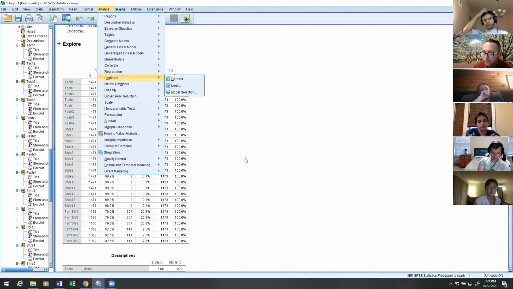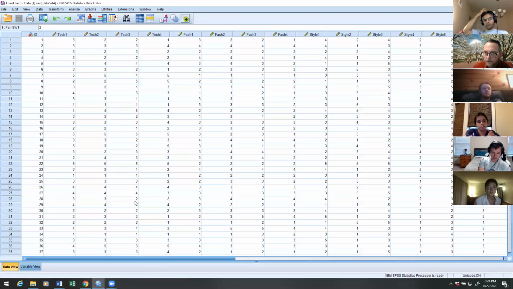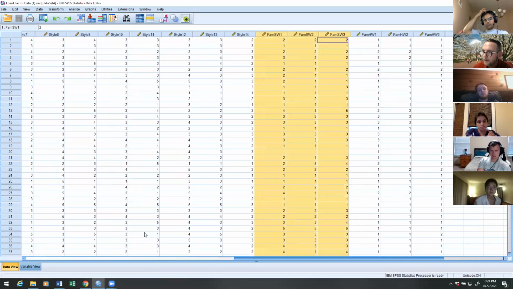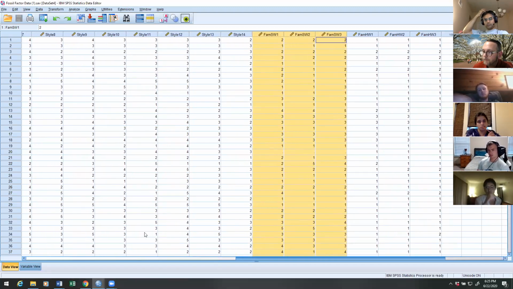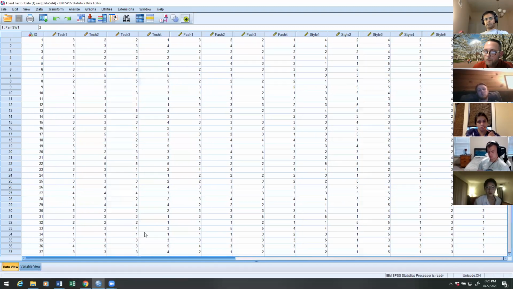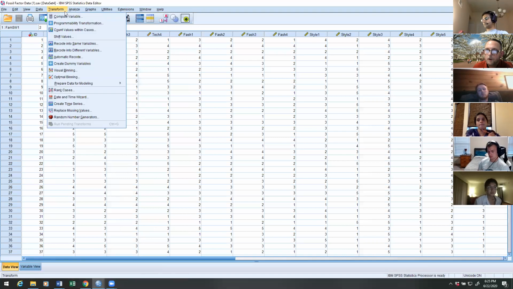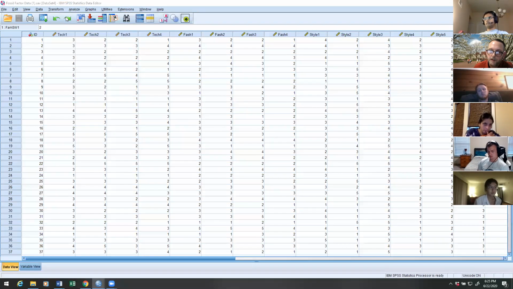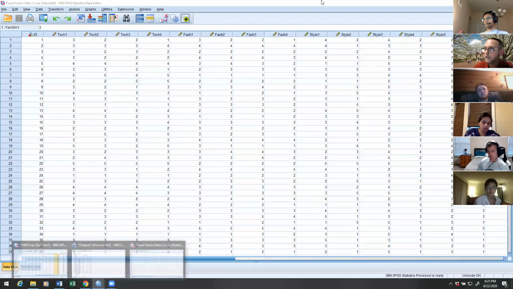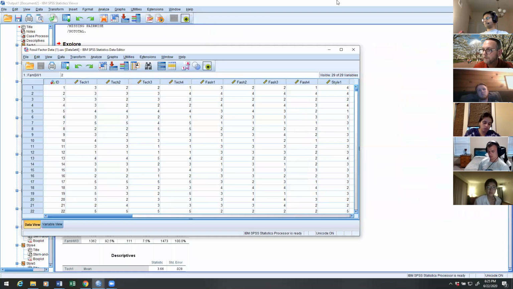we want to, let me walk through this the right way. What we're going to do is we're going to go into transform, compute variable. Uh-oh. Where did it go? Where's my compute variable?